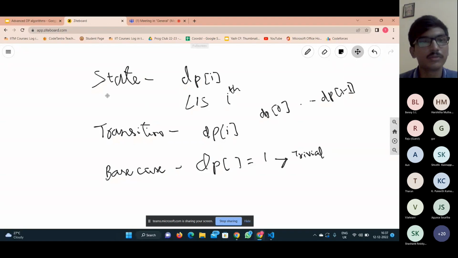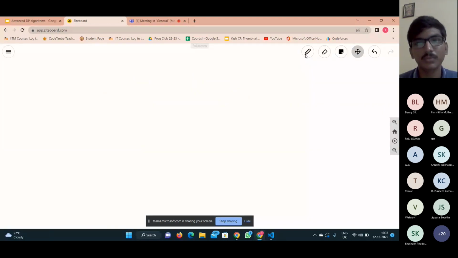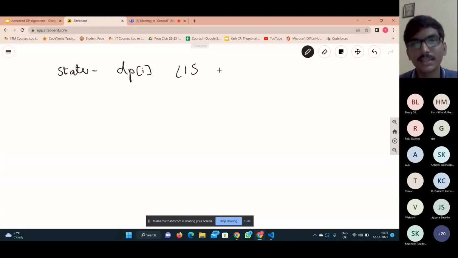For the LIS problem, we'll start by discussing the state. Let's say DP of i represents the length of the longest increasing subsequence in the array considered from 0 to the ith index, and containing the ith term.